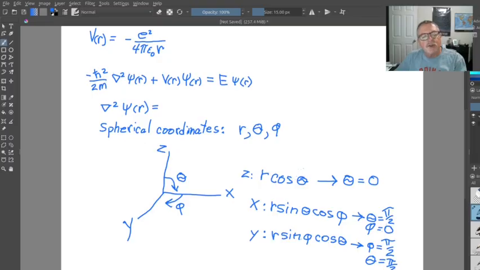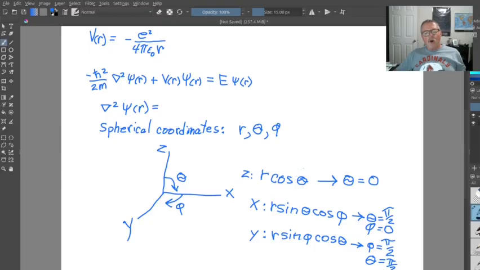So phi of 0 is right on the x-axis. Phi of pi over 2 is on the y-axis. So the x-axis is going to be r sine of theta. If it's all x, it's going to be all the way down here, and theta is going to be pi over 2. And the phi angle is going to be 0 because it's right up here.